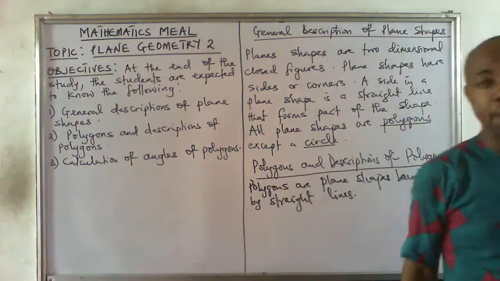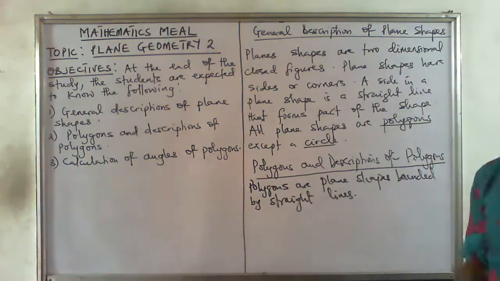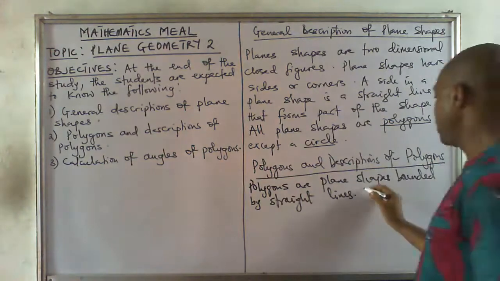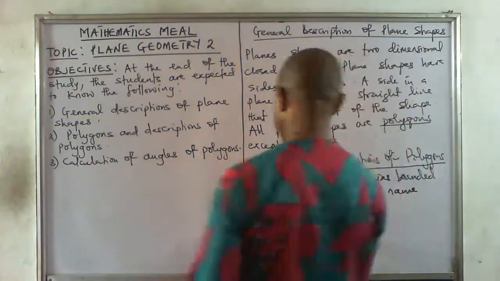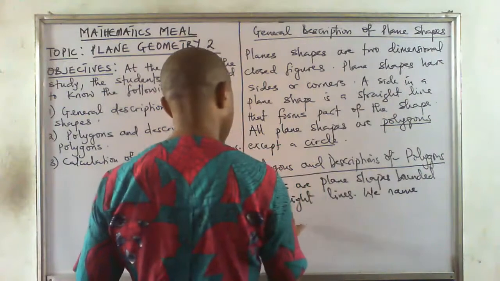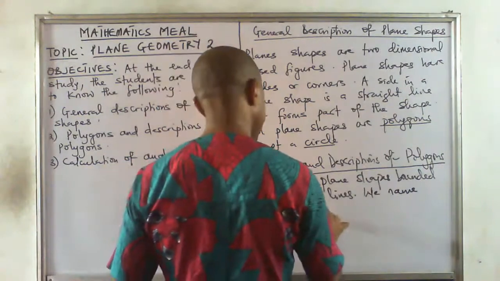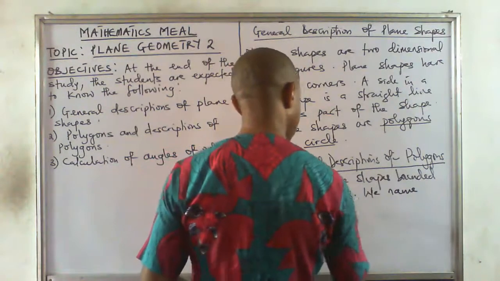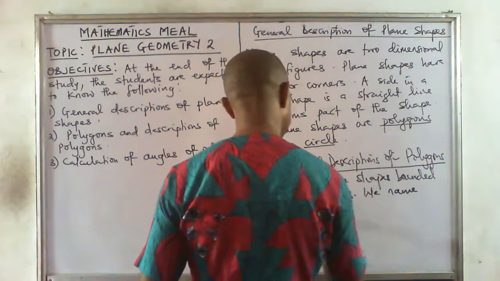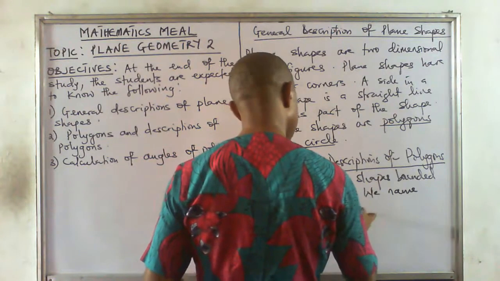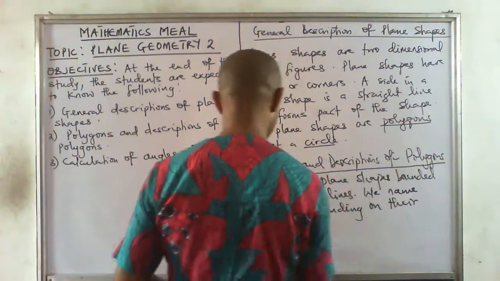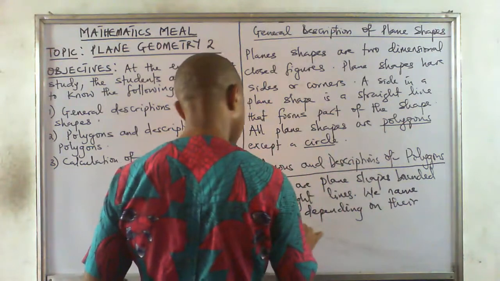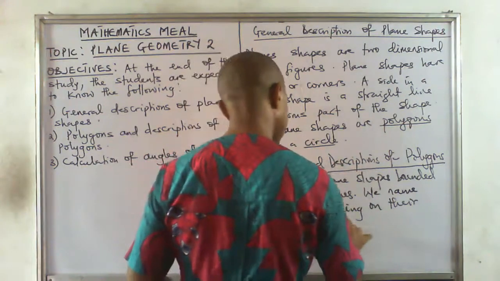Now, polygons are usually named based on their number of sides. So we name polygons depending on their number of sides.